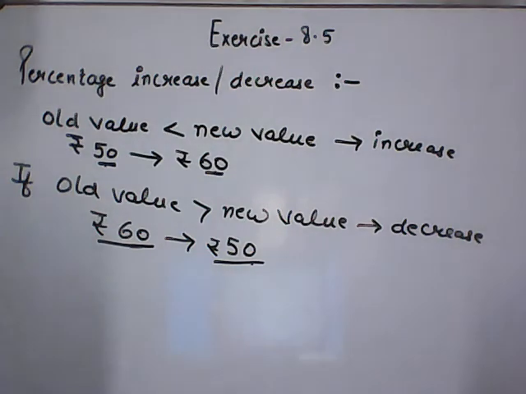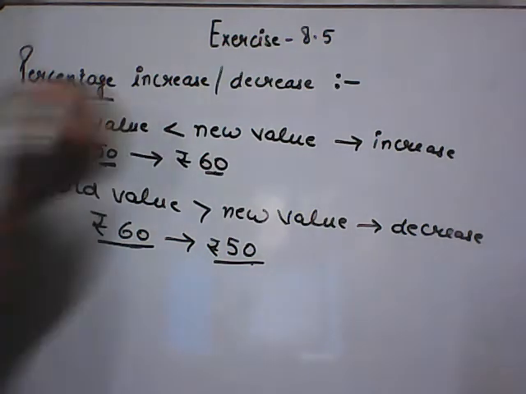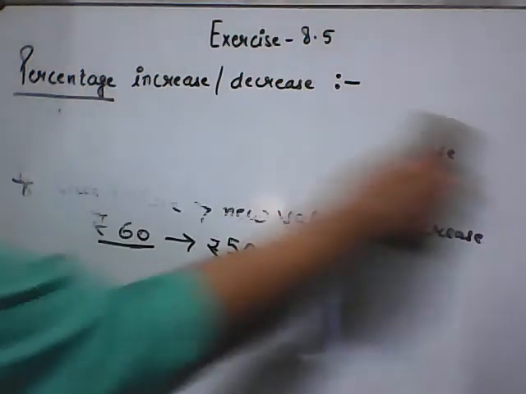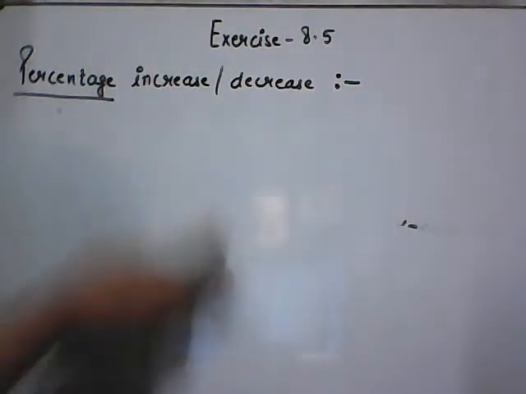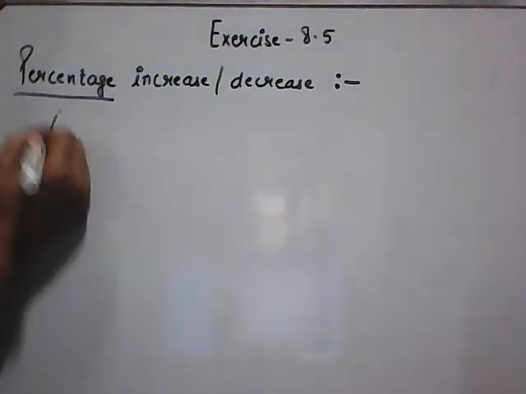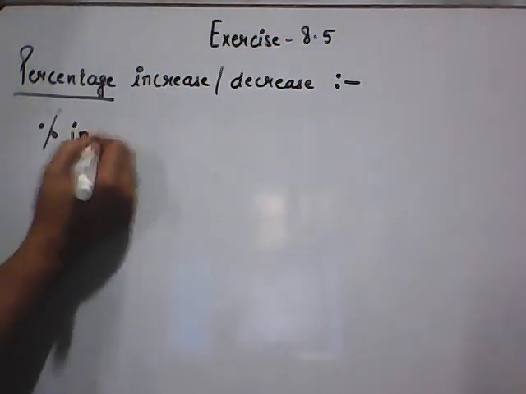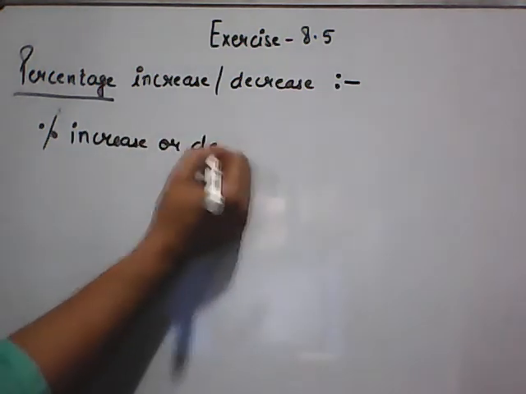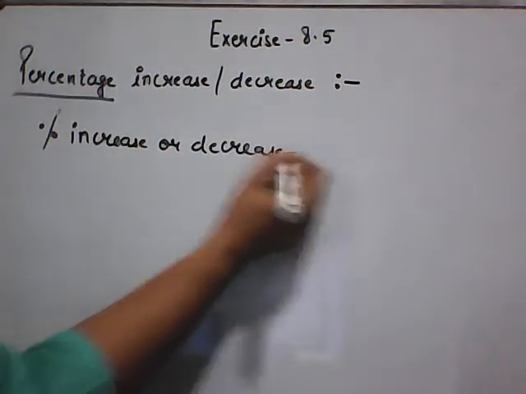But in this topic we have to calculate the percentage increase or decrease. Now there is a formula for calculating the percentage increase or decrease. We have to remember the formula. Percentage increase or decrease will be calculated as amount of change.